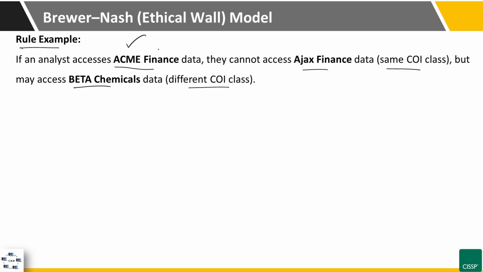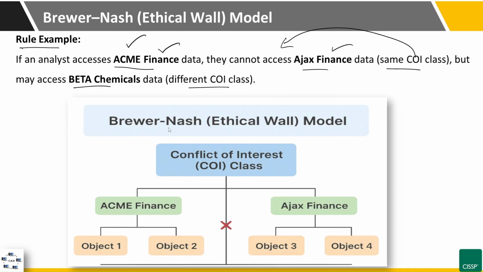Since finance and finance belong to the same COI, an analyst cannot access both due to conflict of interest. But if the analyst accesses finance data from either Acme or Ajax, the analyst can then access the Beta Chemicals data due to a different class of interest.